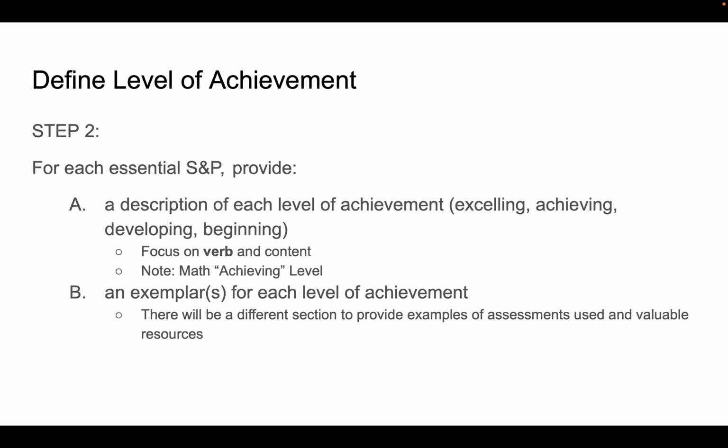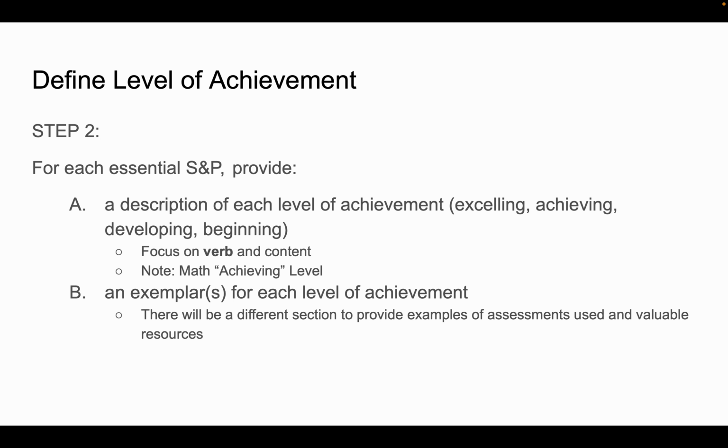But then the other thing that we want as we go through the school year is that for each of those skills and procedures that we've decided is essential, we would like you to provide an exemplar or exemplars for each of those levels of achievement. So provide different examples of what it looks like for that level of achievement. I want to be careful here.